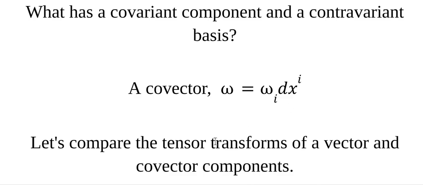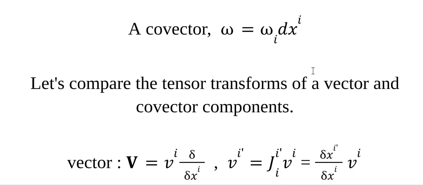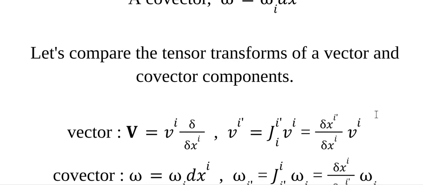So let's compare the tensor transformation of vectors and covectors so I can convince you even more that it's true. Okay, if we have a vector written like this, we want to transform its components to a new coordinate system. We always do this the same way. So we call the new one i prime, the old one i. For every index, we need a Jacobian factor, right? This is our free index, so it has to stay in the same place. This becomes a summation index. And what does this mean? It means the partial of the new coordinates with respect to the old coordinates, okay? Now, what about a covector?